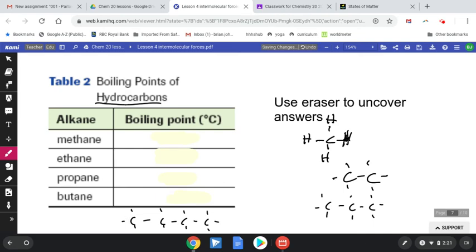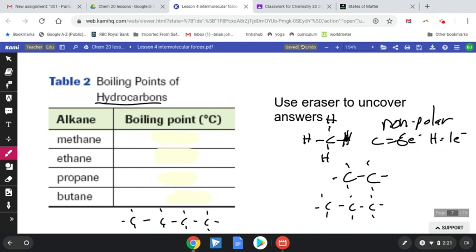Okay, so which of these four molecules would have the highest boiling point? Which one would have the lowest boiling point? Because they're all nonpolar, we only have to worry about number of electrons. So you count them up. Carbon has 6. Each hydrogen has 1.